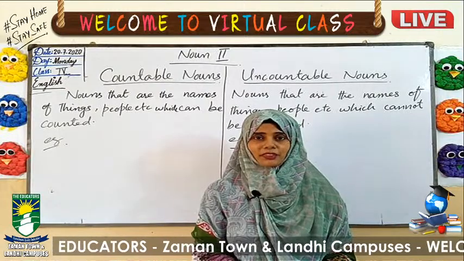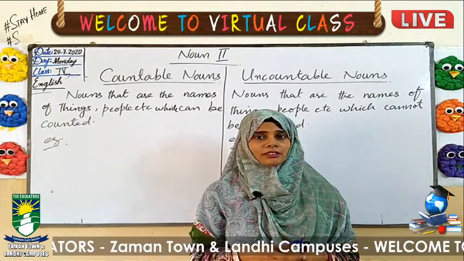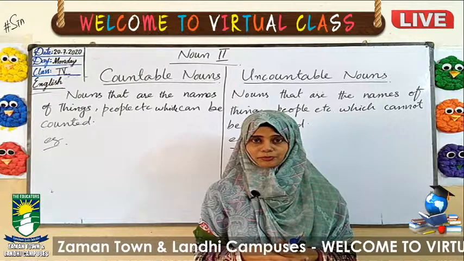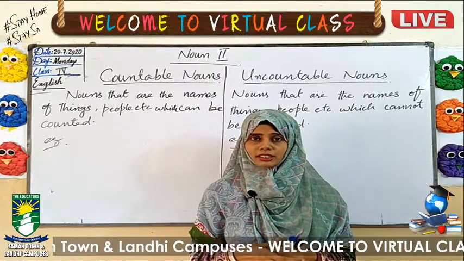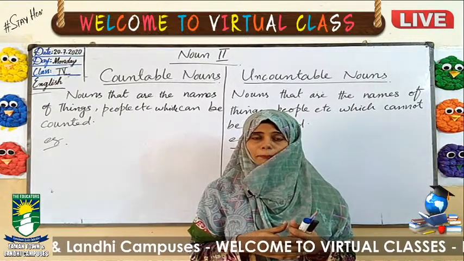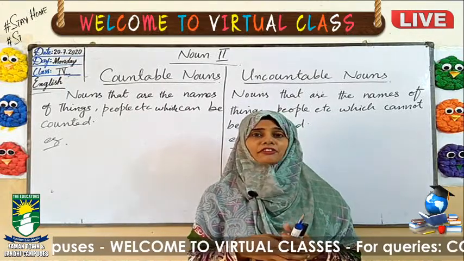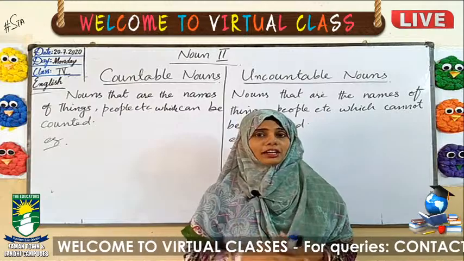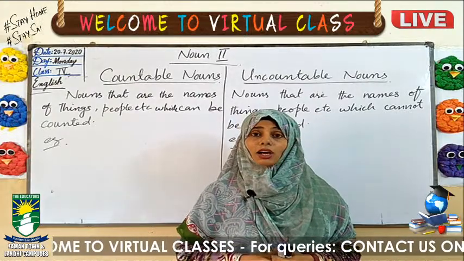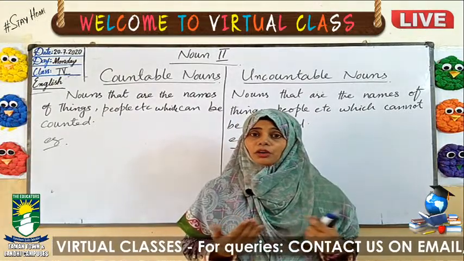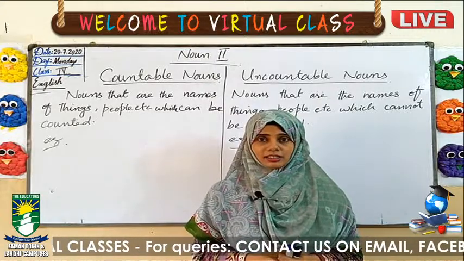Okay. We have many friends. 1, 2, 3. Of course, people. We can count them. How many family members do you have? Well, I have 5 family members.